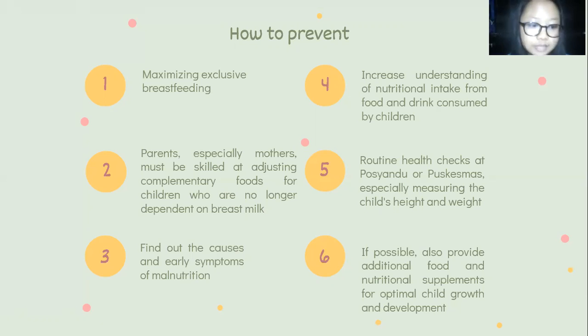The fourth is increase understanding of nutritional impact from food and drink consumed by children. The fifth, routine health checks at posyandu or puskesmas, especially measuring the child's height and weight. And the last but not least, if possible, also provide additional food and nutritional supplements for optimal child growth and development.